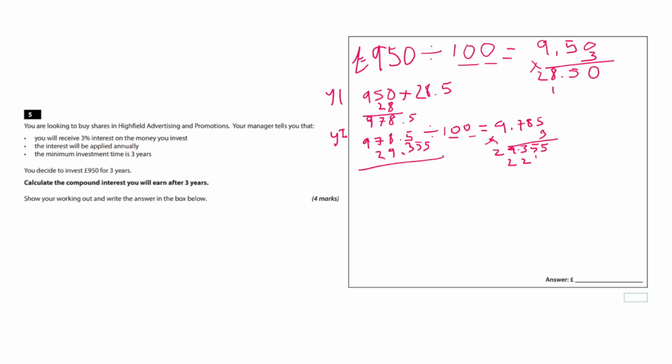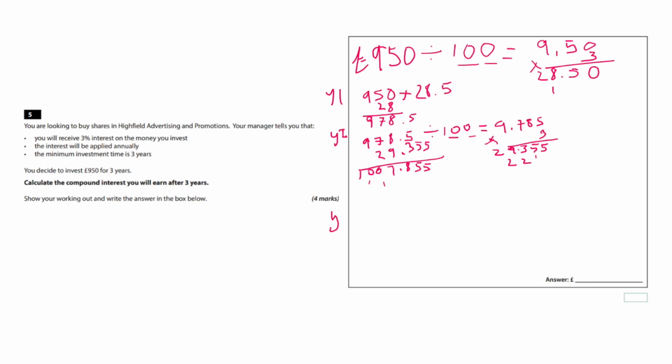Add that. 5 there, 5 there, 5, 6, 7, 8. 8 plus 9 is 17. 7, 8, 9, 10. 9, 10. So now we've got £1,007.855. So now we're going to go for year 3.